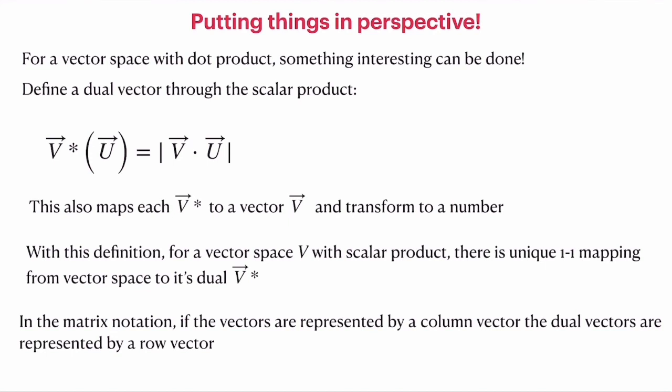The operation of the dot product, or the operation of a dual vector on a vector giving a scalar, would simply be the multiplication of a row vector and a column vector. That is one way to distinguish between the vector and the dual vector. However, we have a unique relation between every vector and its dual vector.